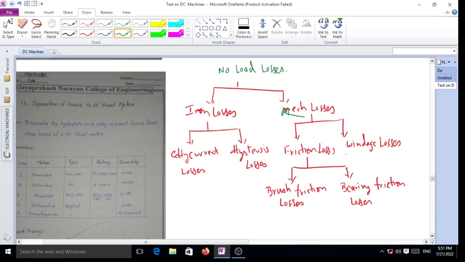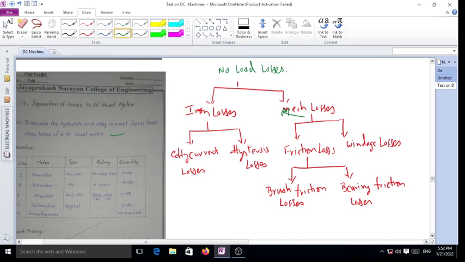Right. So here, to find out the losses, to separate the hysteresis and eddy current losses from the stray losses of a DC machine, I will explain the separation of losses in the DC machine.